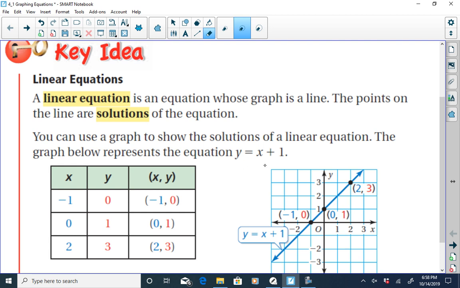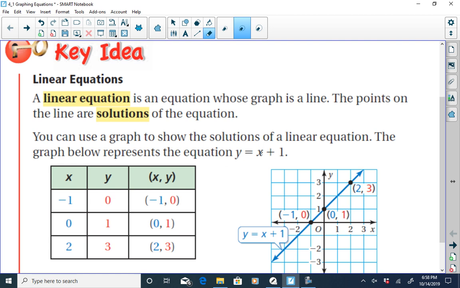So if you take a look at this first equation, y is equal to x plus 1, when we want to graph an equation, we can input values for x. So in this case, we make a table, a column for x values, a column for y values, and a column for the ordered pair. The x value is the input value, so we replace x with -1, and then we evaluate. -1 plus 1 is 0, so the output is 0.